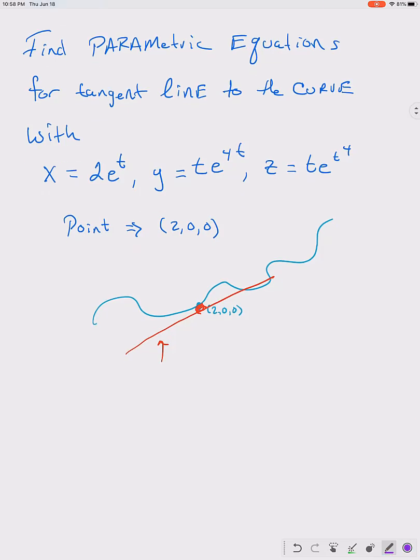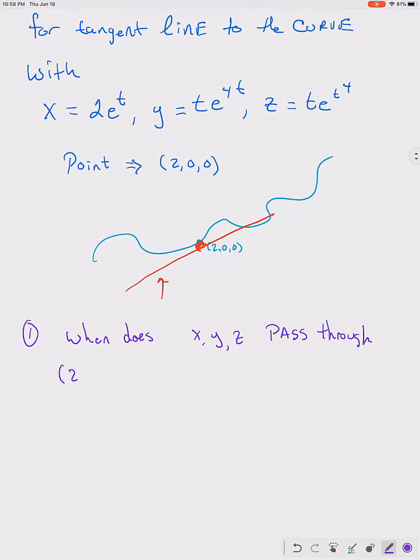Well, the first thing we do is we have to figure out when our x, y, and z pass through the point (2, 0, 0).